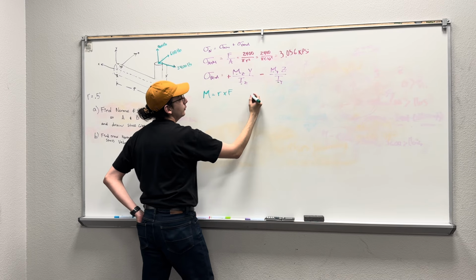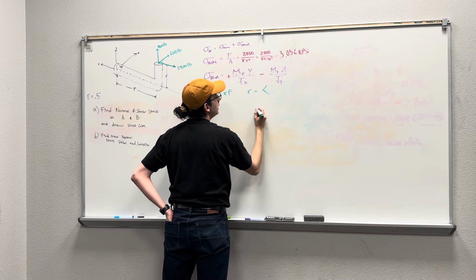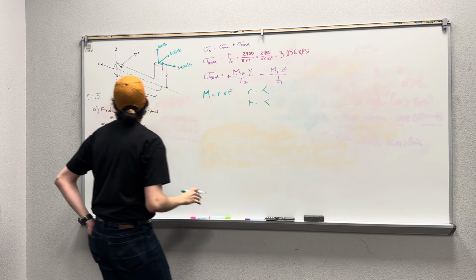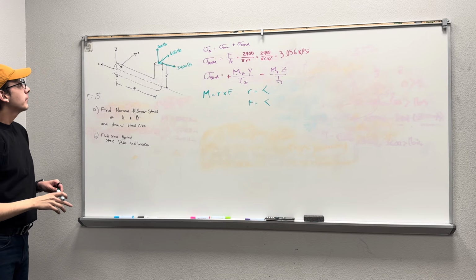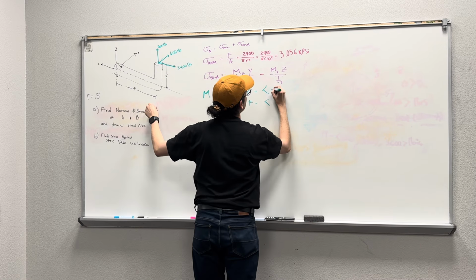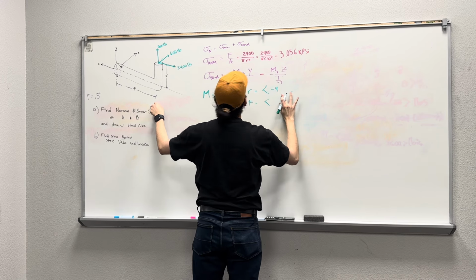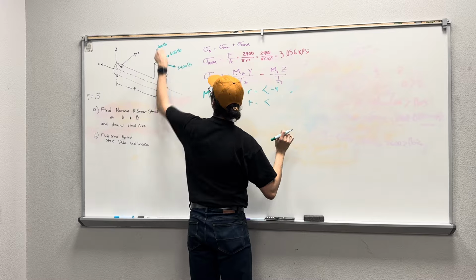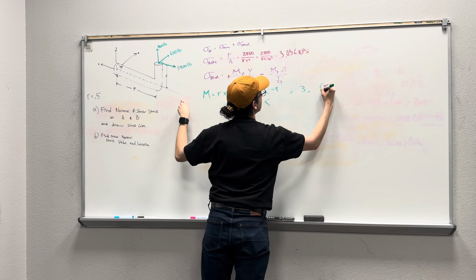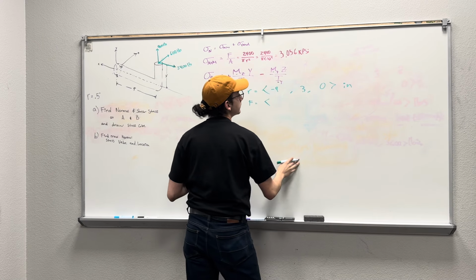So in order to do this, I do have to figure out what my R vertex looks like and what my F vertex looks like. My R vertex is going to be -9 inches for X, and then the Y direction is going to be 3 inches in the positive Y direction, and then 0 inches in the Z direction.